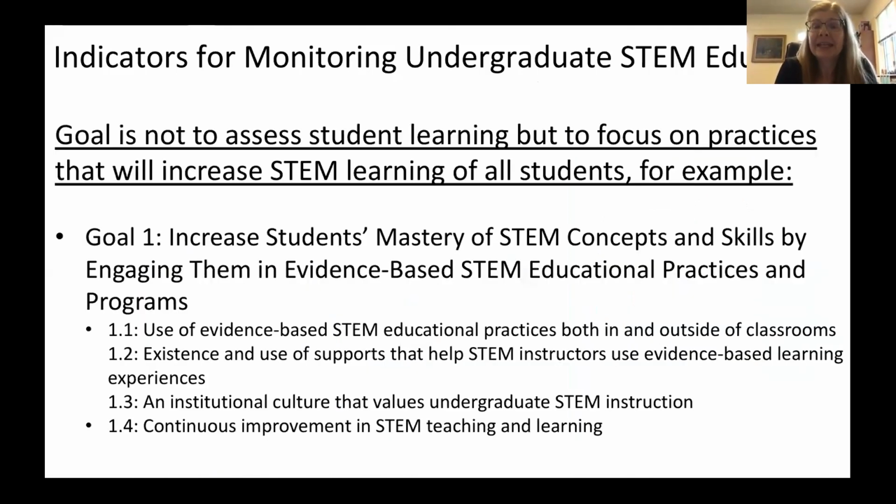And again, a national level is different than what we might do in an individual course study or an institution study, right? We can't go assess the learning of every student in the United States. That's just not the way forward. But we can find ways to measure whether or not we're using effective teaching practices.